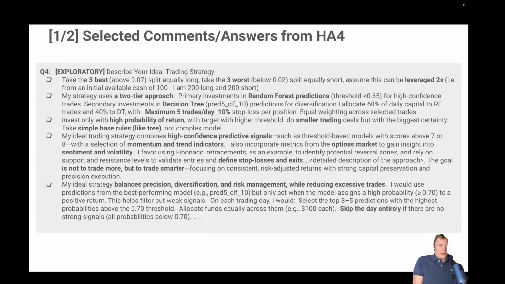Actually, one of the questions was about your ideal trading strategy, and I see there were a lot of brilliant ideas, and I think I will cover most of those ideas in the advanced simulations today, but I want to share those ideas with you so that you can be inspired for your capstone projects.